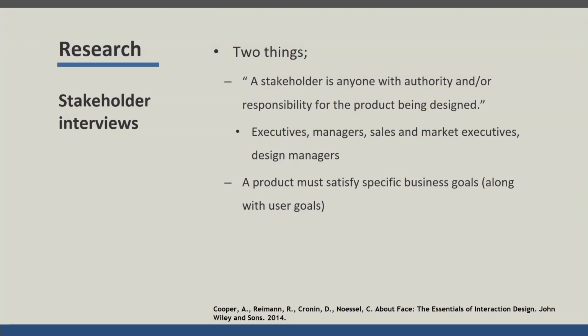They may belong to the marketing team, the management team, the usability team, the design team, or an organization in general, but they are the people who are responsible or have the authority for the product being designed. So executive managers, sales, marketing executives, design managers, and some of the people we had taught earlier.